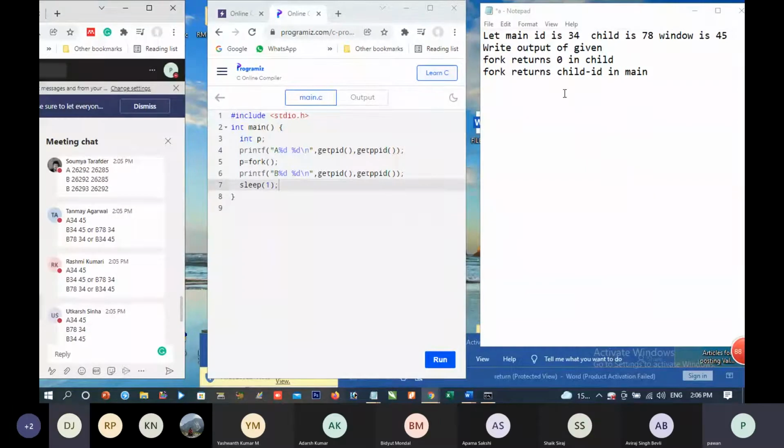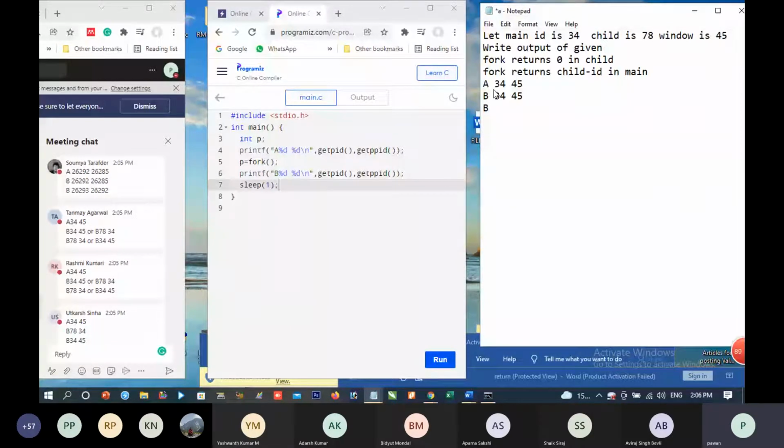As such, what is going to happen: main ID is 34 and window ID is 45. B. 34, 45 and B. Child ID is 78 and its father is 34.